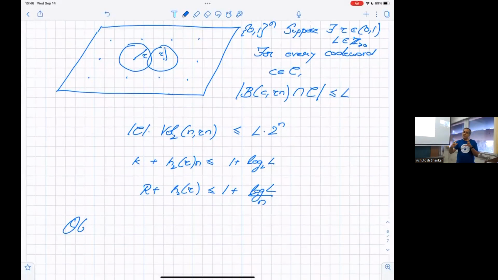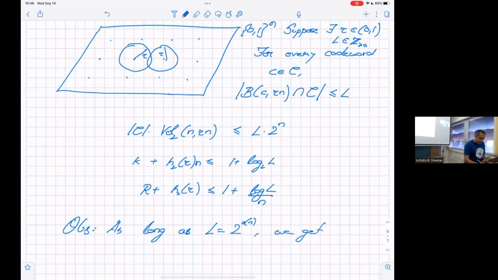So if you keep expanding up to a particular point till which the bound L holds, the observation is, as long as L is 2 to the little o(n), we still get R plus H2(tau) is less than 1 plus little o(1).